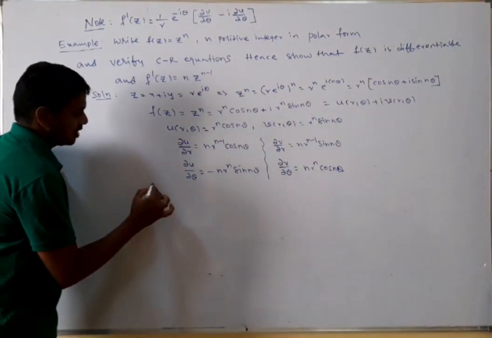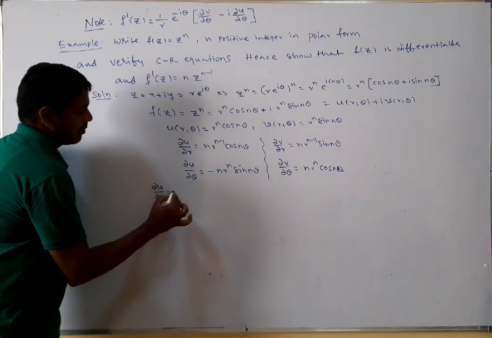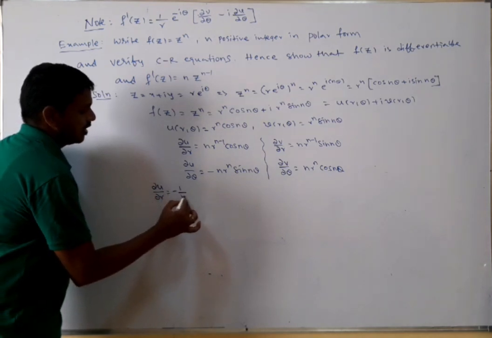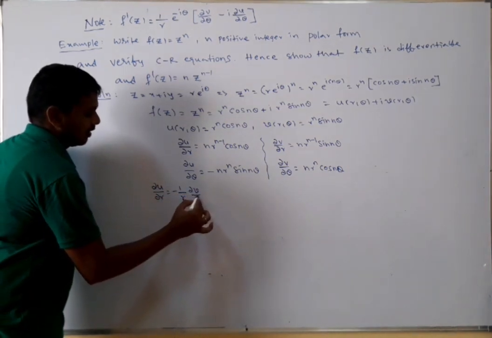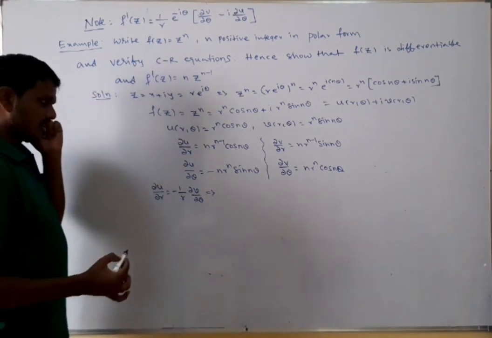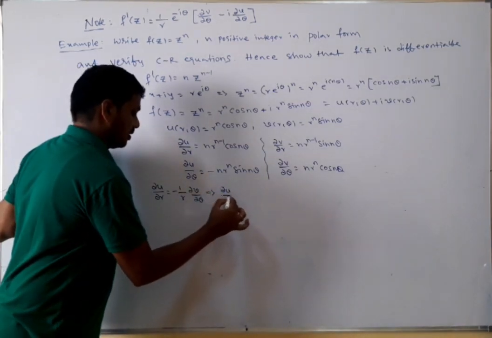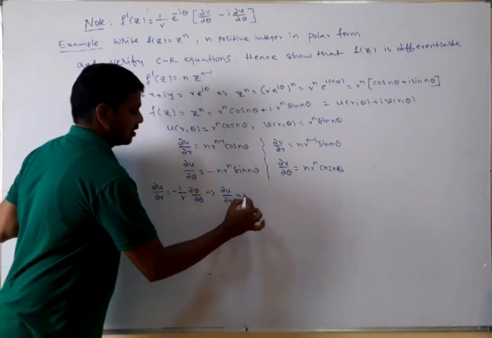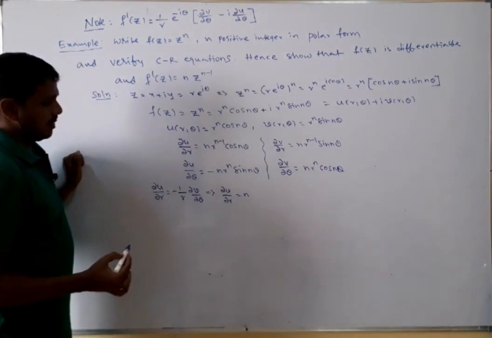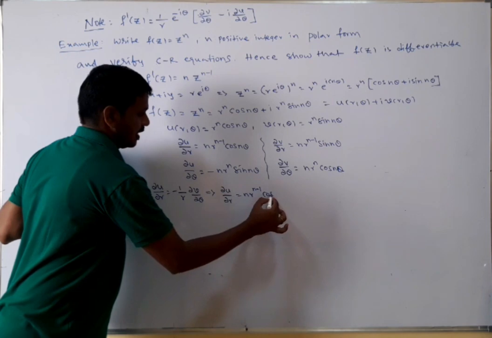What I'm going to verify is dou u by dou r is equal to 1 by r into dou v by dou theta, whether it is true or false. Dou u by dou r, what is there? Dou u by dou r is equal to n into r to the power of n minus 1 cos n theta.